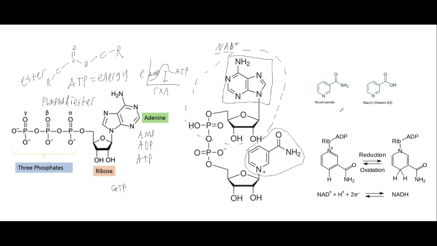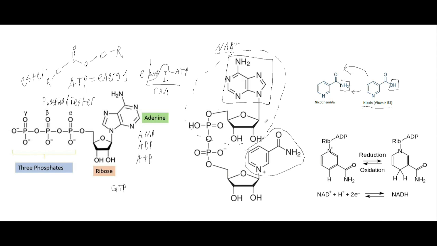And I sort of suggestively put this here, this niacin, or vitamin B3. You can see that this is very similar to nicotinamide, which is just different by having this instead of this. And so I've suggestively drawn that here because we need niacin, vitamin B3, in order to produce this.